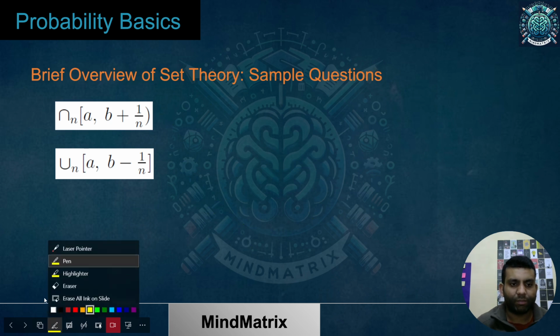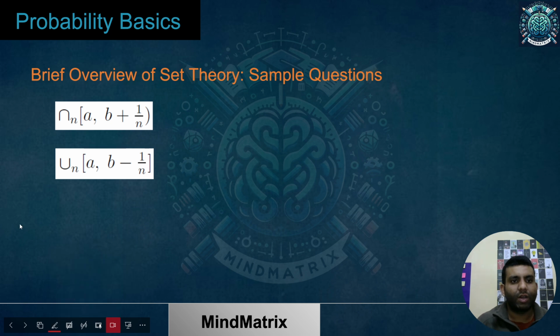Okay, so let's talk about the next example what we are having, and just erase it. Let's talk about this similarly. So let's put n equals 1, n equals 10, n equals 100, 1000, and then you'll get to know what exactly we are coming up with. So this is a comma b minus 1, and both are closed.